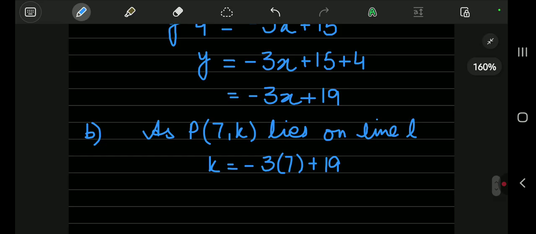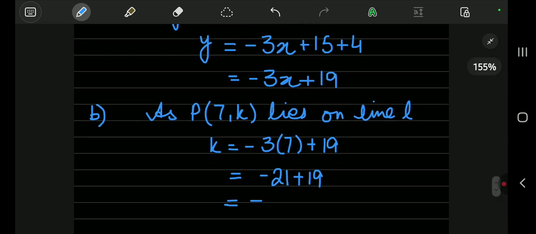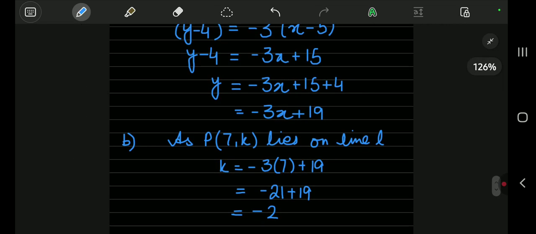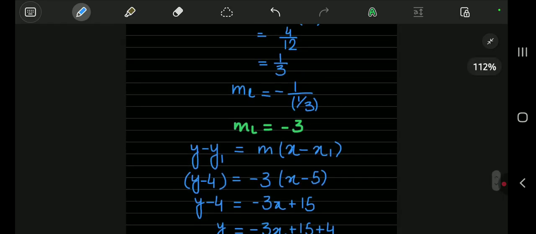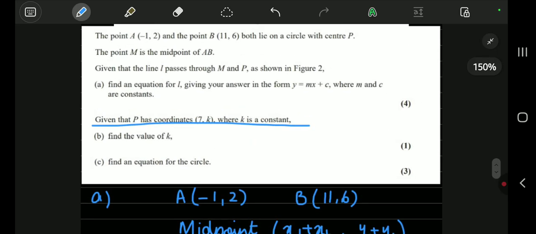So -21 plus 19 gives you -2. That's simple. We just substitute the point and we will get the unknown coordinate.